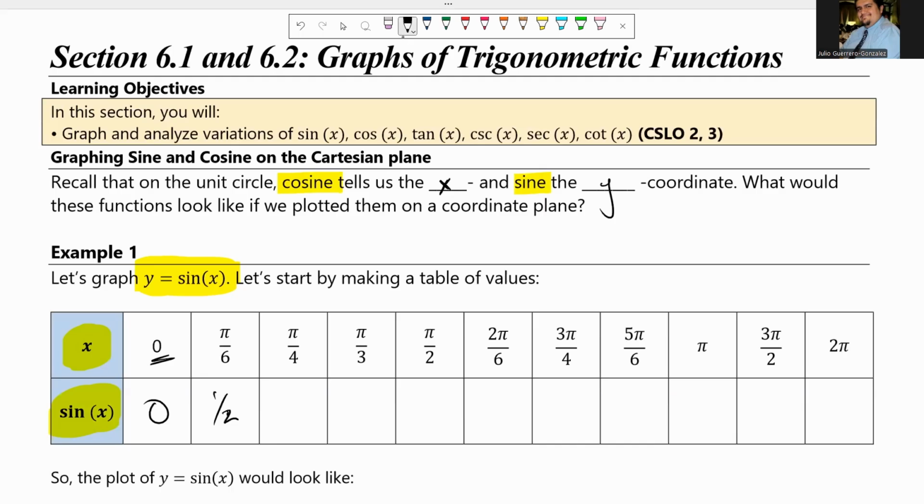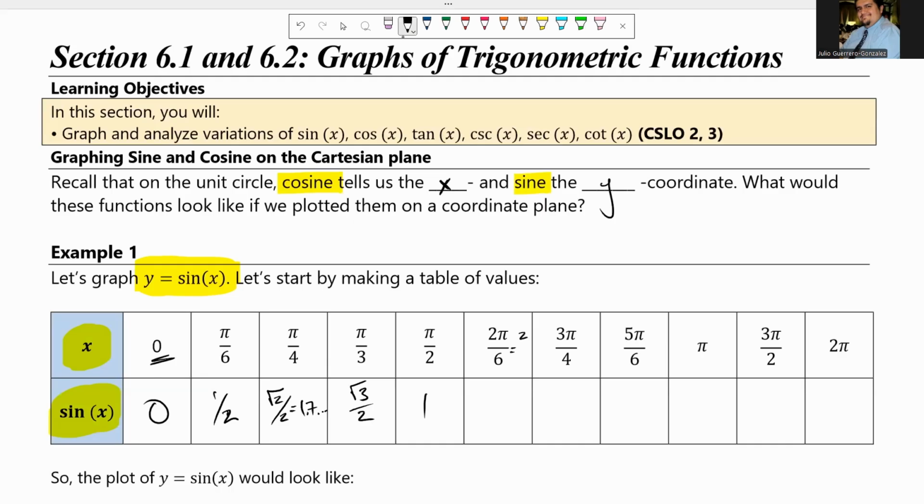If we go to pi over 4, that is going to be square root of 2 over 2, which is about 0.7 and change. Pi over 3 is going to be square root of 3 over 2, and then pi over 2 is going to be 1.